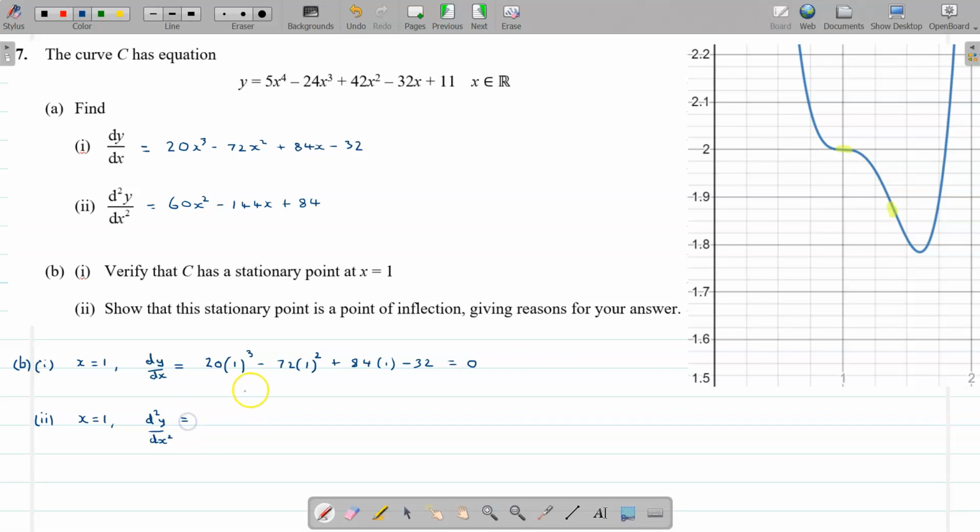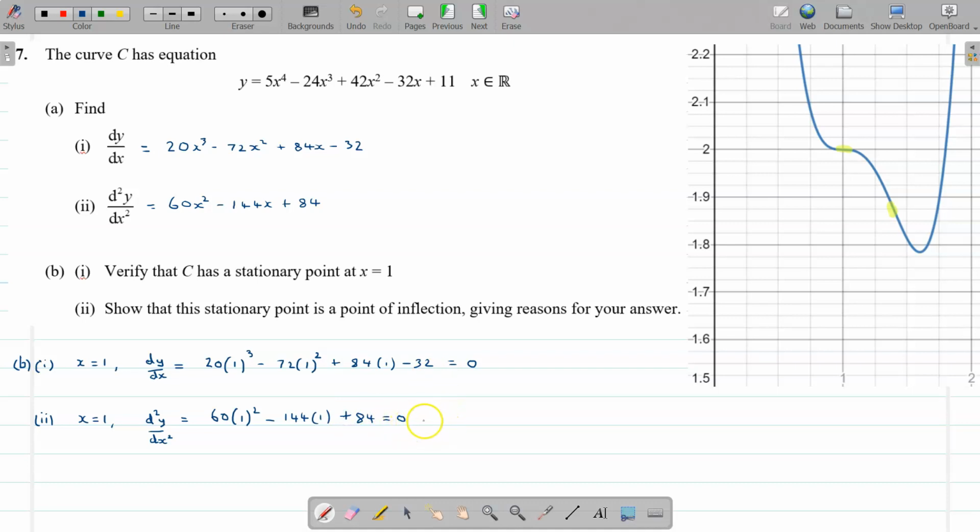So the second derivative is 60 times 1 squared minus 144 times 1 plus 84. Now that is also equal to 0, and that is a necessary requirement for a point of inflection.